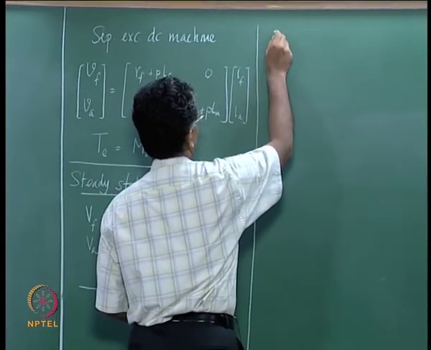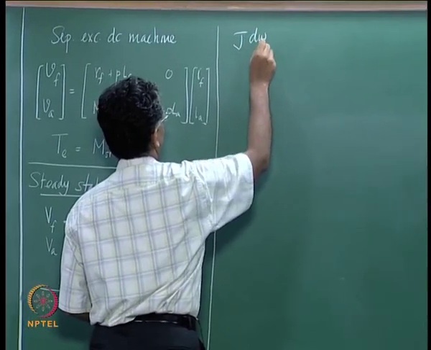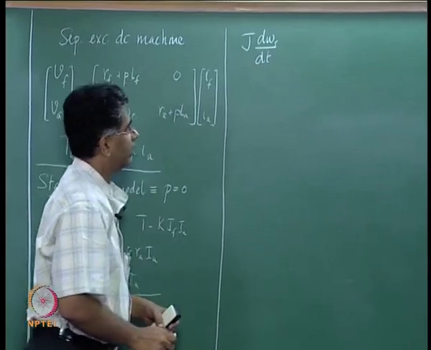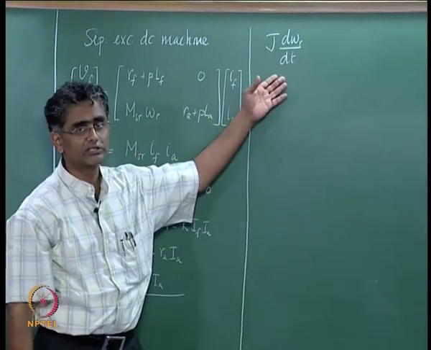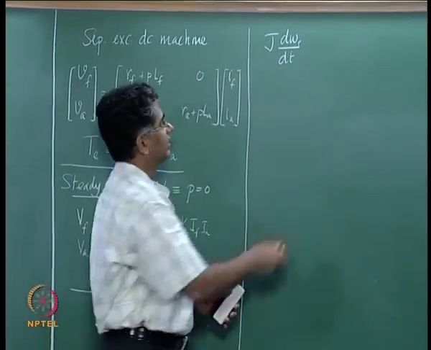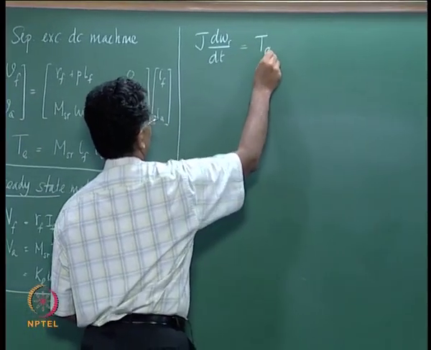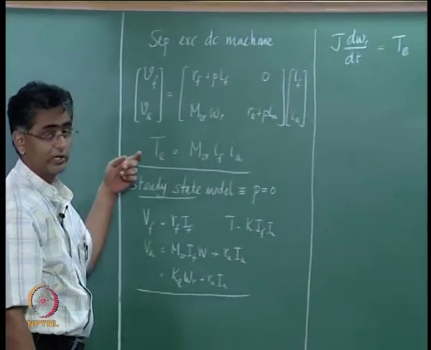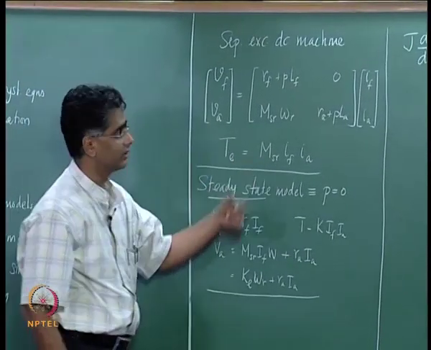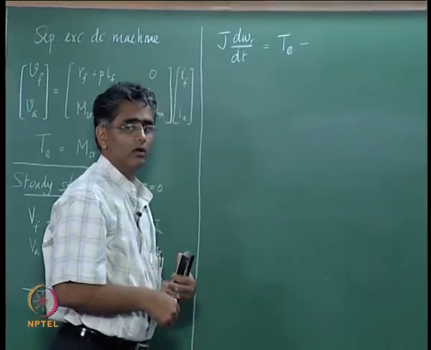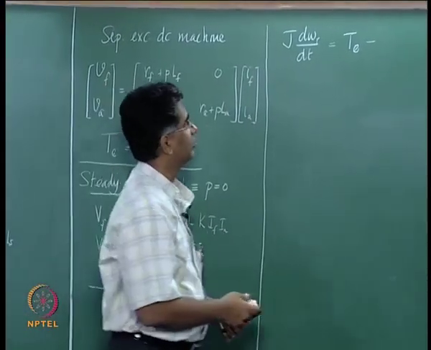The mechanical equation of the system would represent J d omega R by dt, that is, the acceleration of the machine. Acceleration of the machine is the result of the generated electromagnetic torque as mentioned here, minus the load that is applied.